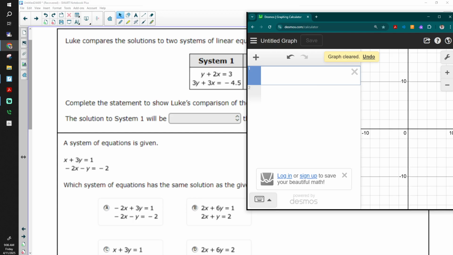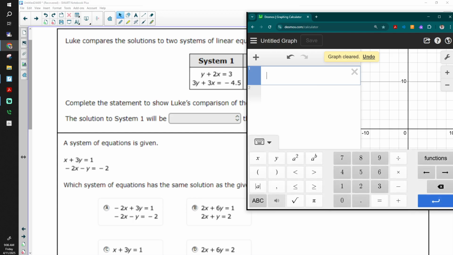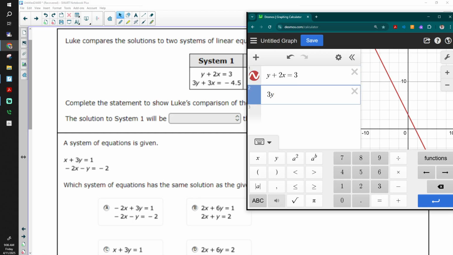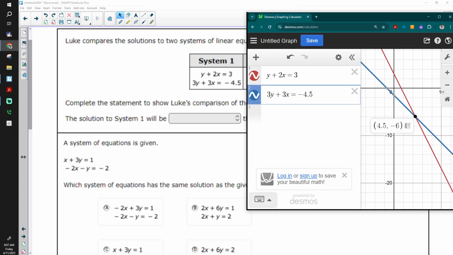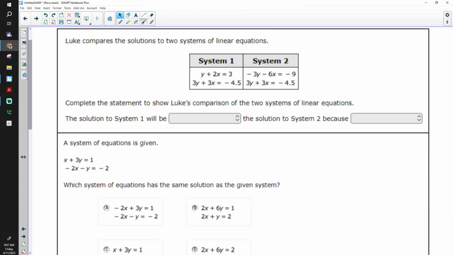System 1: y plus 2x equals 3, and 3y plus 3x equals negative 4.5. Okay, seeing where they cross at 4.5, negative 6.